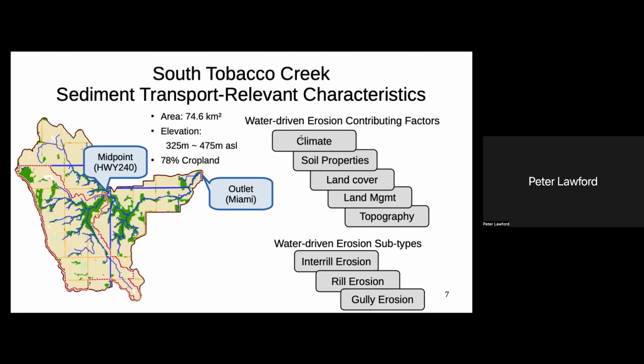We can also consider the water-driven erosion subtypes: interrill, rill, gully erosion, and then one more, channel erosion. But because this area, 74 square kilometers, is somewhat small, it has streams that are temporary. That is, they don't flow all year round. And that is going to be another issue for considering sediment erosion in this particular region.